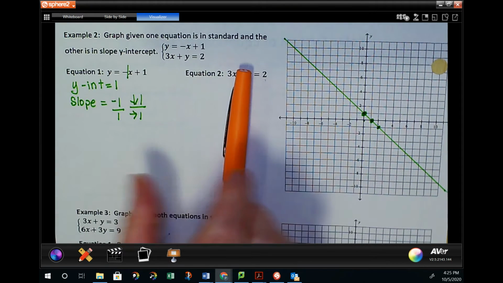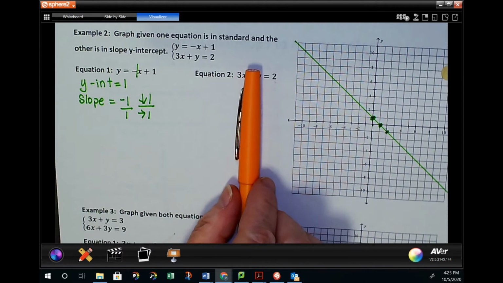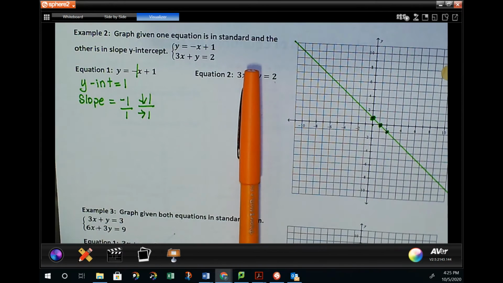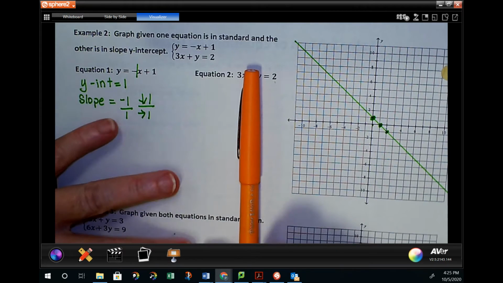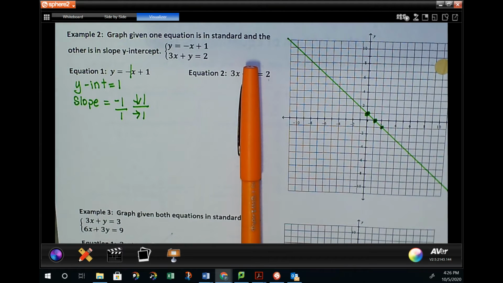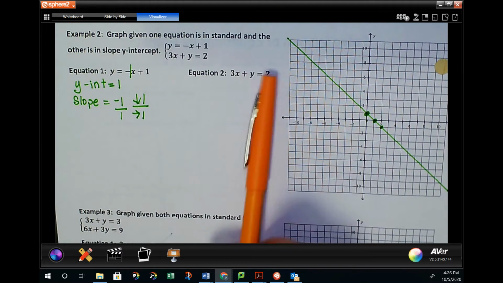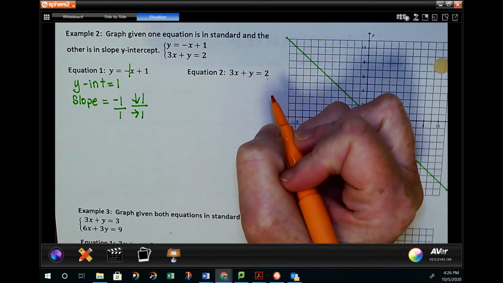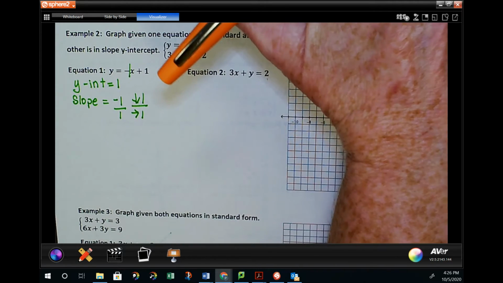I end up getting 3x equals 2. When I divide by 3 to solve for that, I'm going to get some fractions. So I'm going to go ahead and convert to y-intercept form because I don't get pretty numbers.